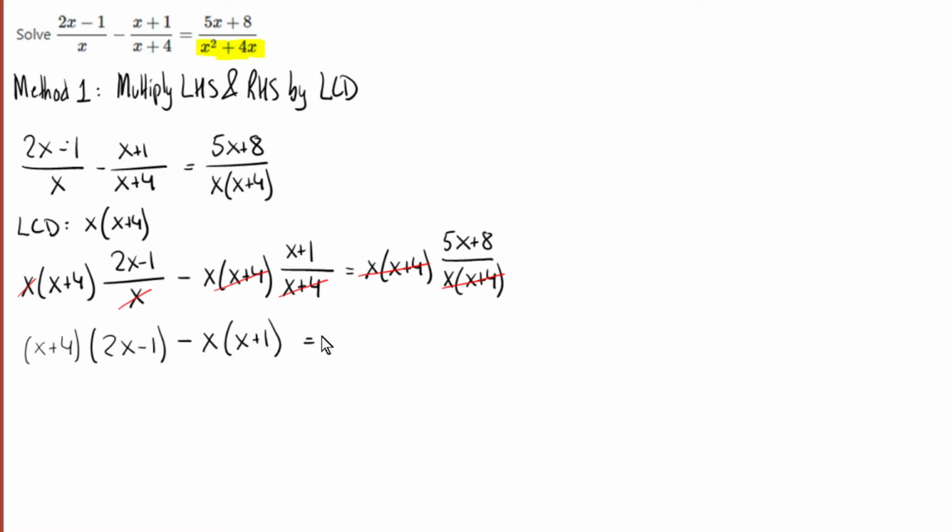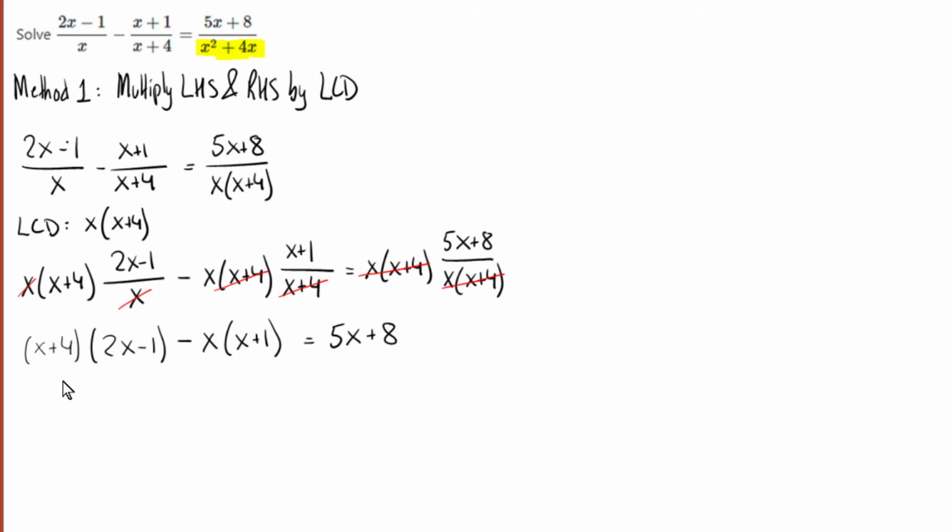And from the term on the right-hand side, we're left with 5x plus 8. And now, all we really have to do is rearrange the terms. Well, expand it first of all. Expand the binomials here, rearrange the terms on one side, and then solve it for x.